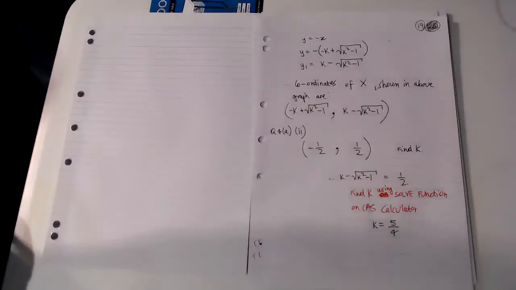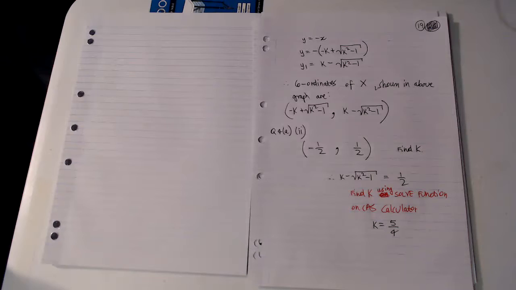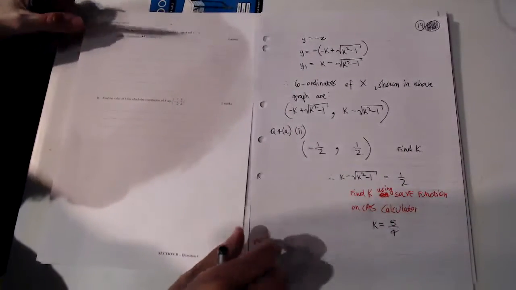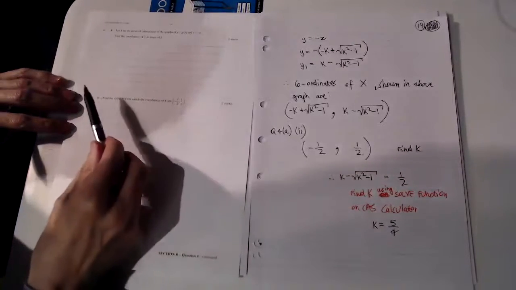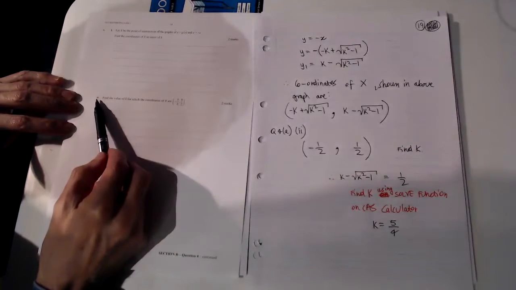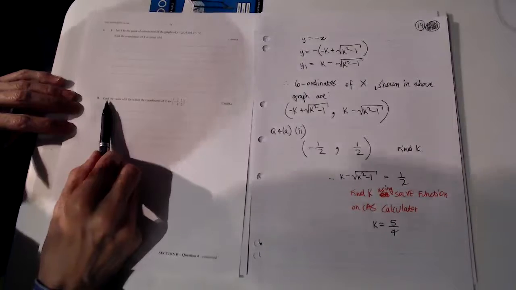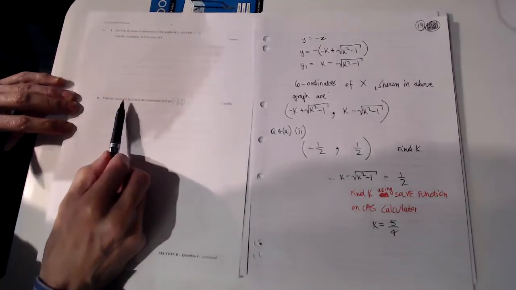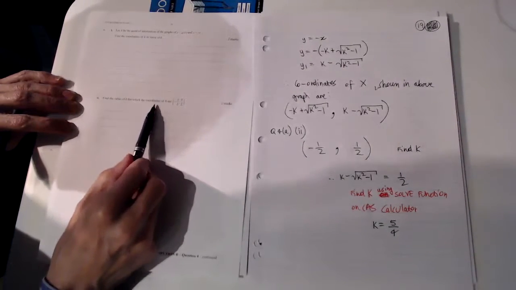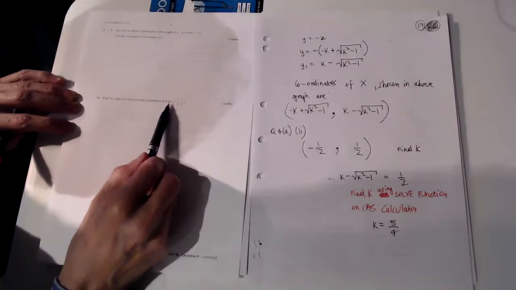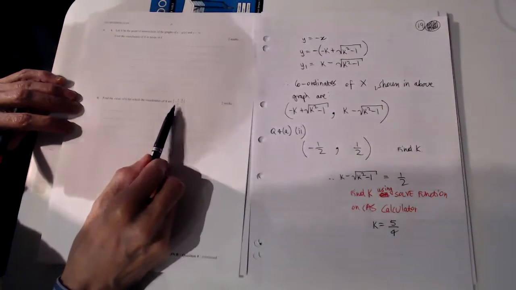Now we move on to question 4e part 2. Find the value of k for which the coordinates of x are negative a half, a half.